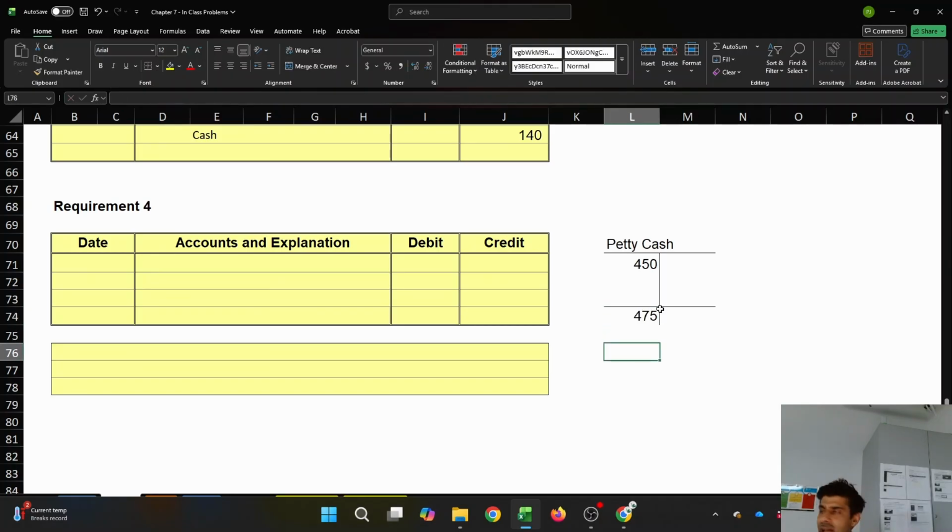So what do I have to do to petty cash? Debit 25. So I'll debit petty cash 25, and I'll just go to the bank and get $25 more.